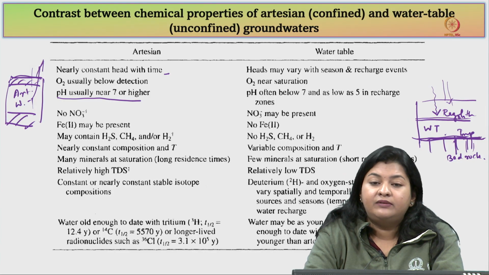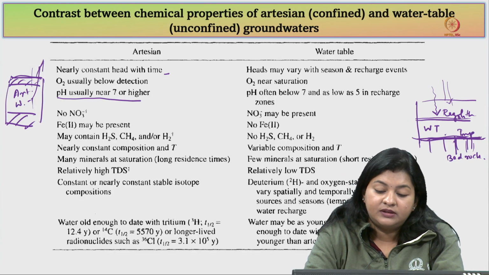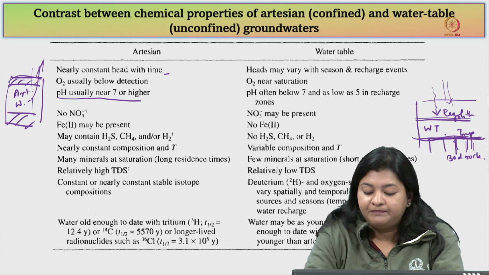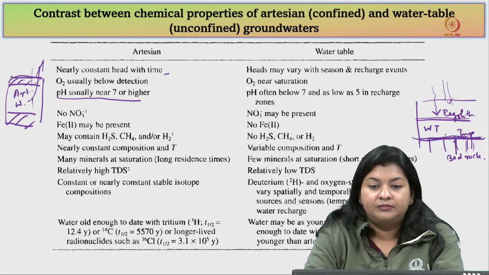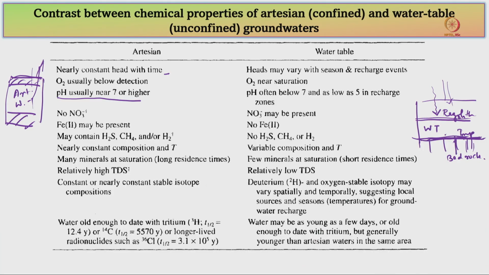So, tritium is a very useful system specifically for shallow water table dating. If you have artesian wells and water tables in the same area, the shallow water table will have water much younger and fresher as compared to the artesian well.